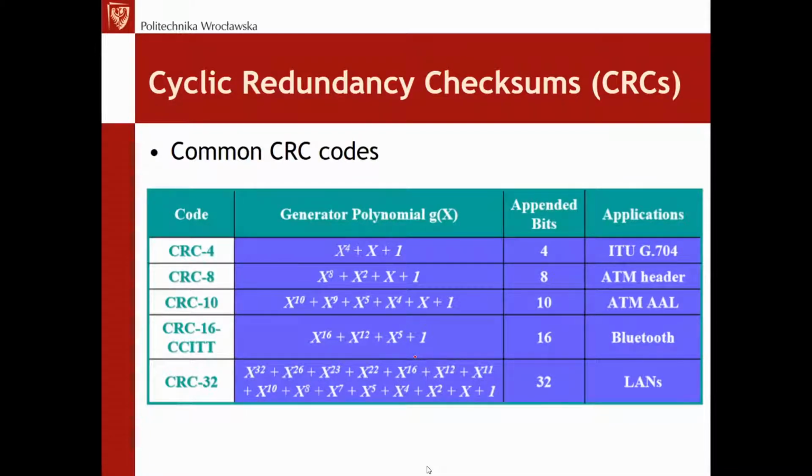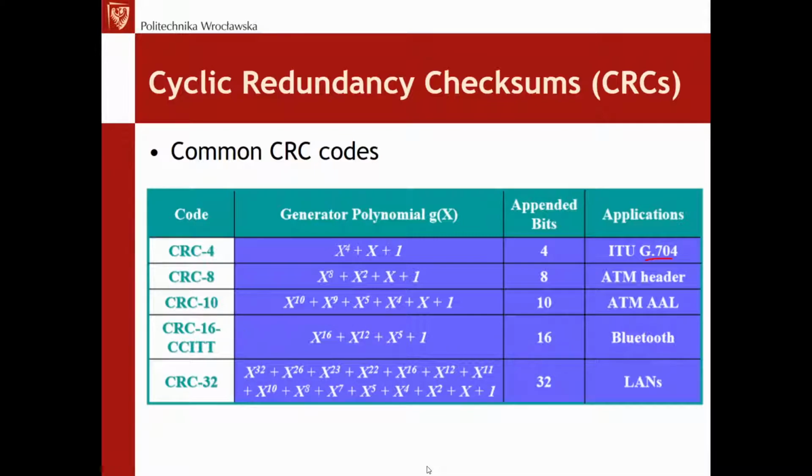The good thing about the CRC is that, although there is a large number of possibilities with the polynomial, we can use ready polynomials already tested and proved in many applications. Like CRC4, which is, for example, in G704, as applications for the ATM layer, we have CRC8, CRC10.